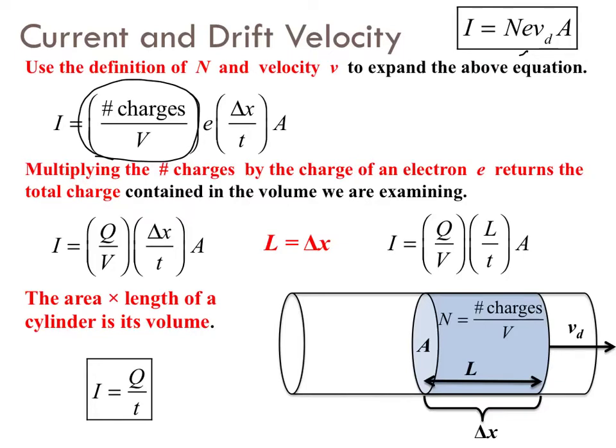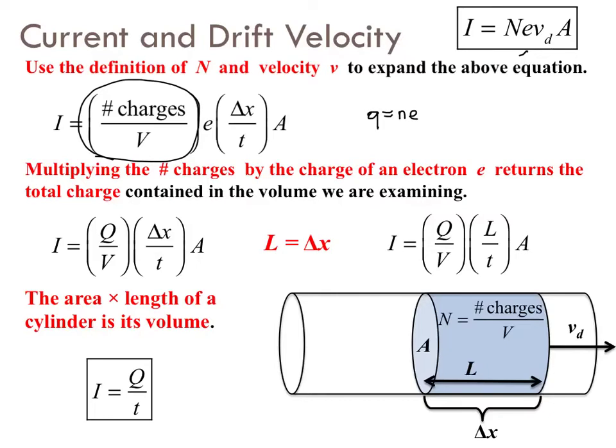Now, by multiplying the number of charges by the charge of an electron, e, we get the total charge. We saw this in our very first electrostatics, that Q is equal to N, or little n, times e. That our total charge is equal to the number of electrons times the charge of one electron.